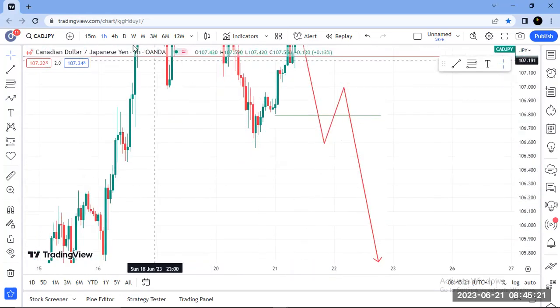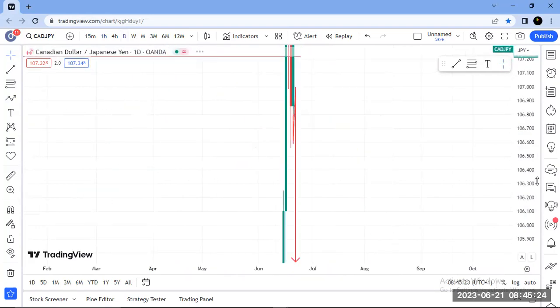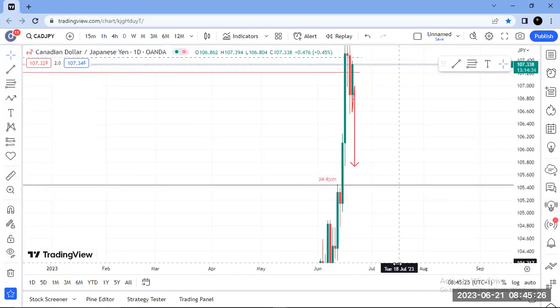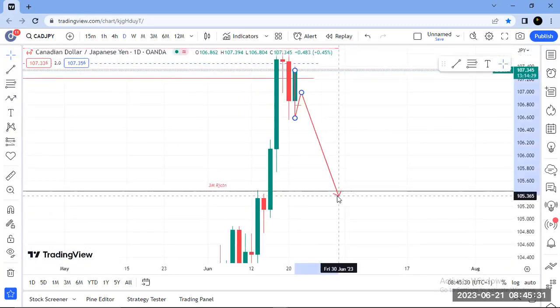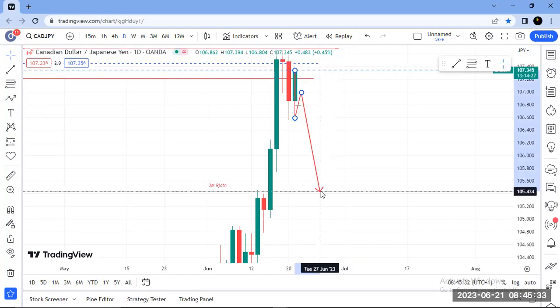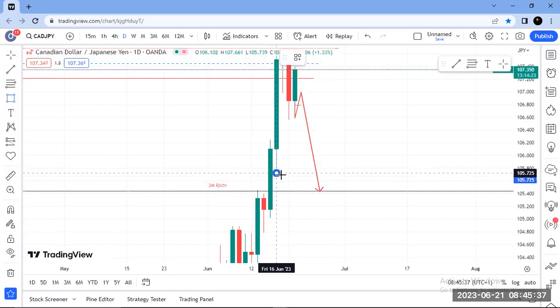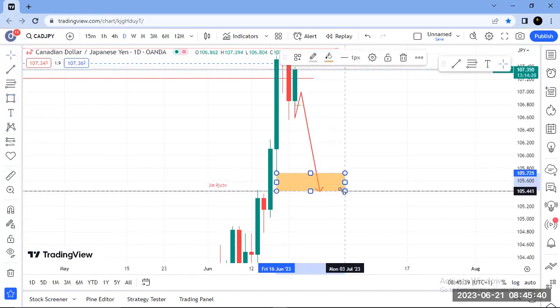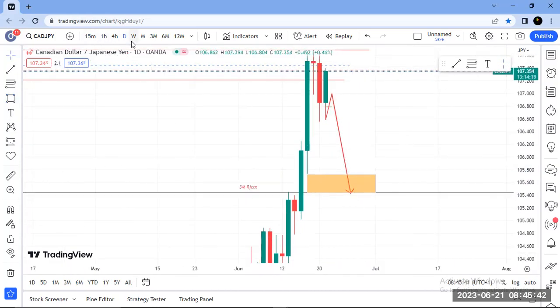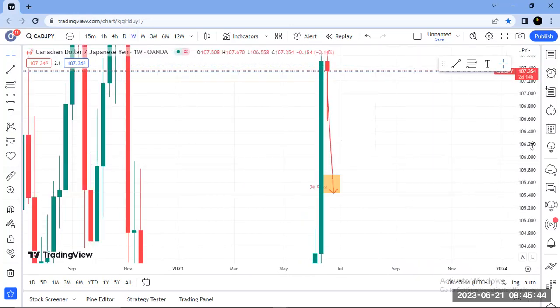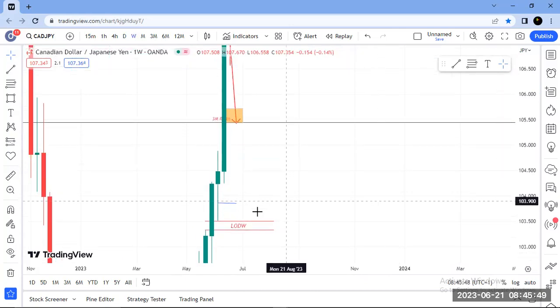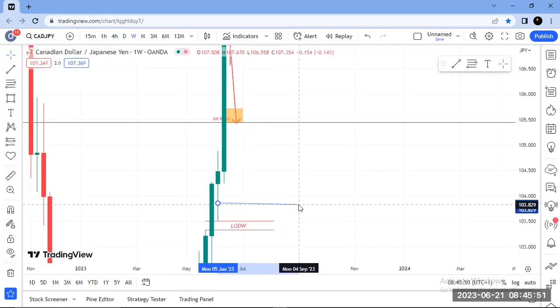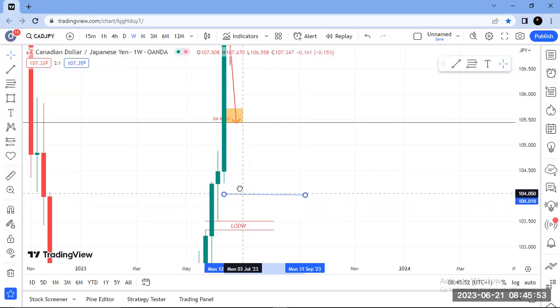So this is what I expect for CAD JPY. I want them to go into this fair value gap. This is my target: previous week's low. This can be the farthest reach to the low of the week for CAD JPY.